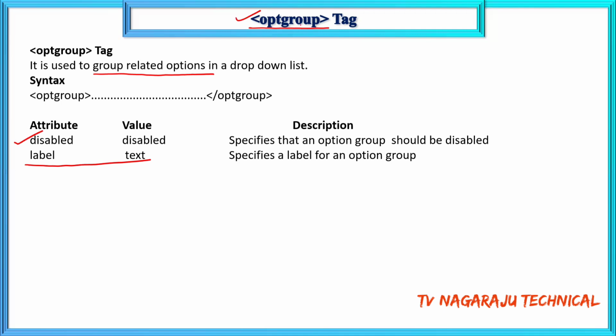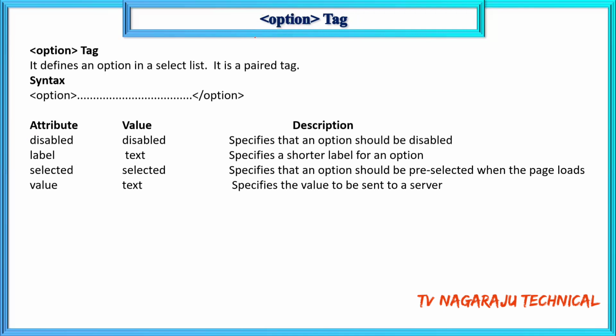Now, inside the optgroup, the most important tag is option. This option tag is used for creating an option. A drop-down list consists of some options. How are the options created? By using this option tag. Here, you can give a label to the particular option.